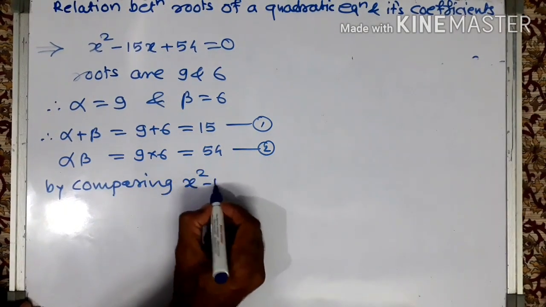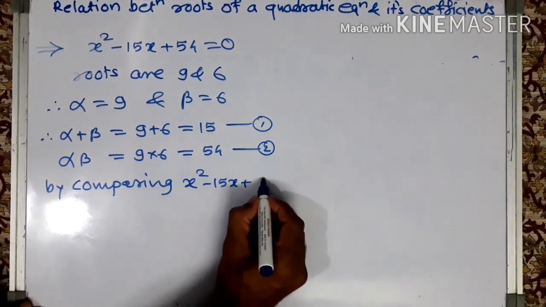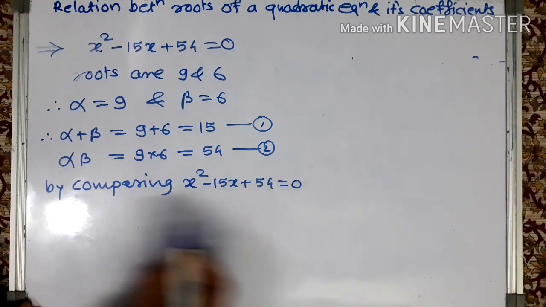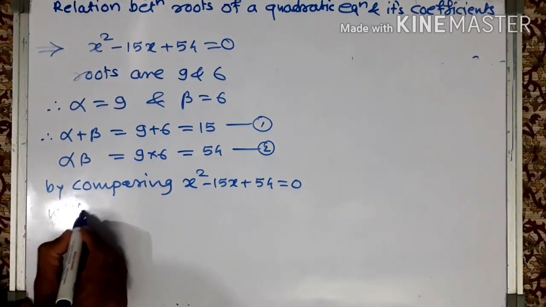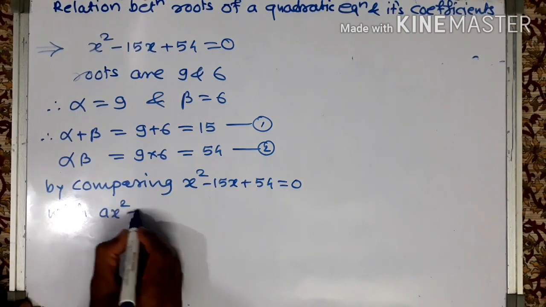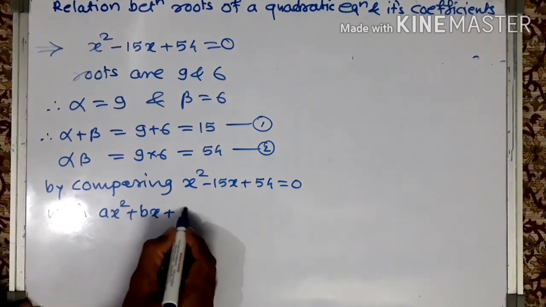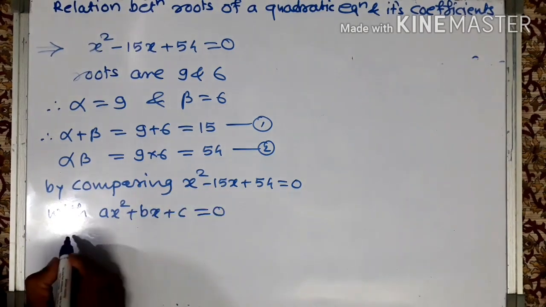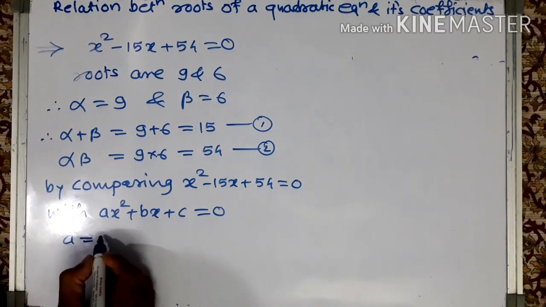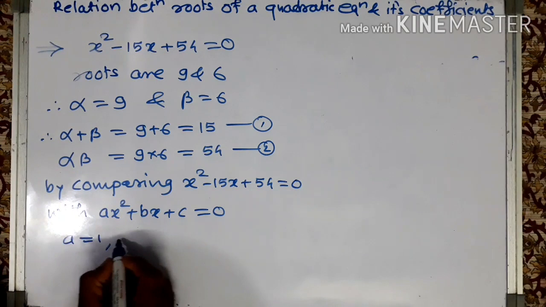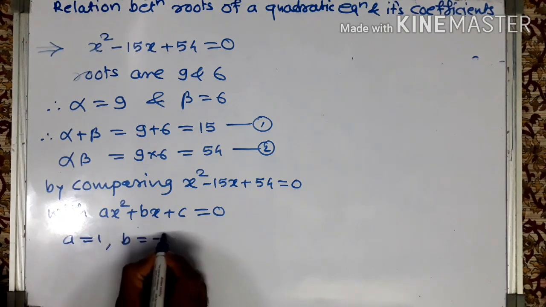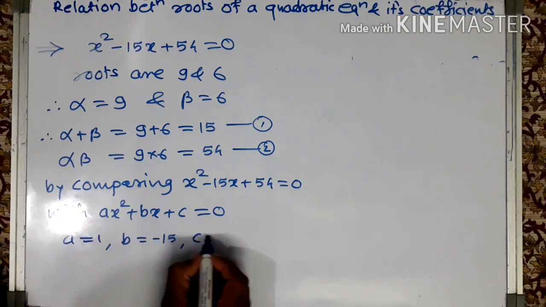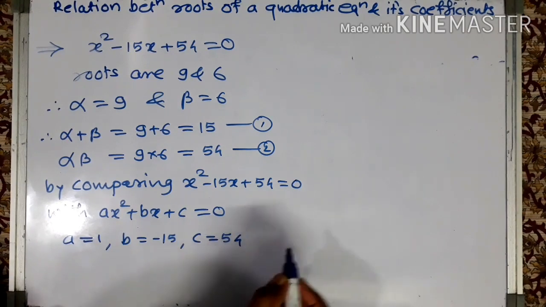x square minus 15x plus 54 equals to 0 with x square plus bx plus c equals to 0, if we compare, we get value of a is 1, value of b is minus 15, value of c is 54.